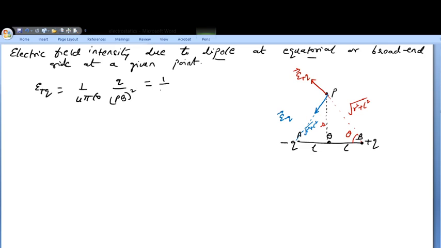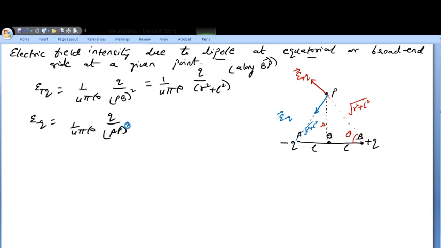So this will be 1 upon 4 pi epsilon naught, q upon r square plus l square, and it is along BP. What will be E of minus q? E of minus q will be 1 upon 4 pi epsilon naught, q upon AP square. So this is 1 upon 4 pi epsilon naught, q upon r square plus l square. But what is the direction? Along PA.